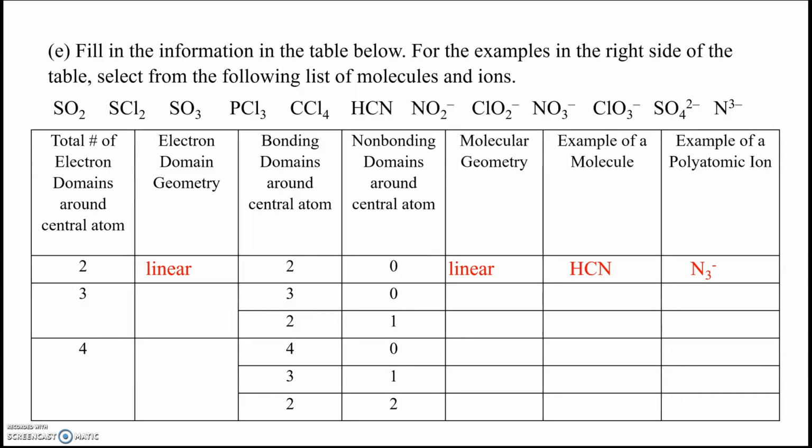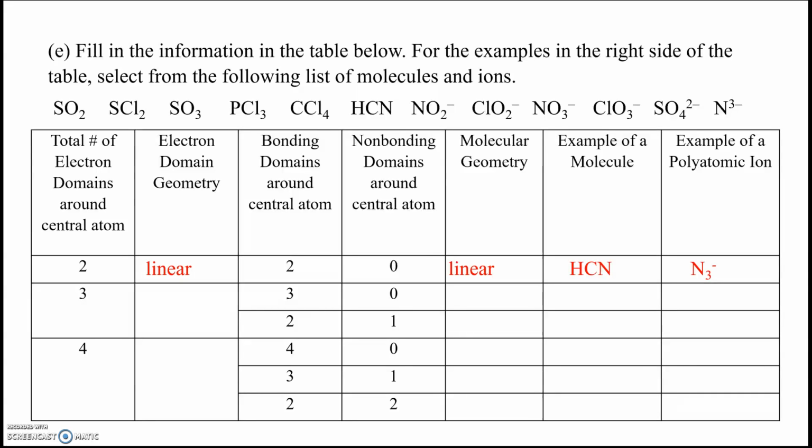There's really only one case here. There's 2 bonding domains and no non-bonding domains. That makes my molecular geometry linear. And an example of this would be hydrogen cyanide. An example of a polyatomic ion in this category would be the nitride ion, N3-.